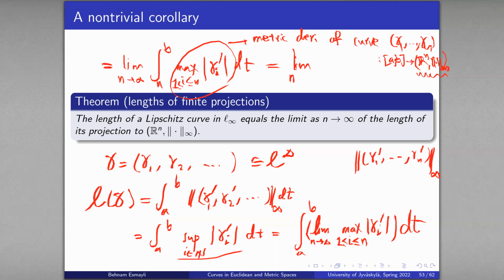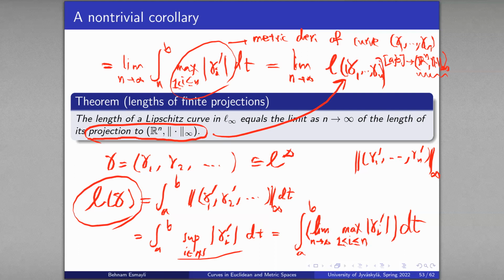So this becomes therefore the integral from a to b of the metric derivative of this truncated curve, and that again using the length formula is equal to the length of the curve gamma 1 until gamma n, the projection of the curve or the truncation of the curve. So the projection of the curve to R^n is exactly this thing. The limit of its length equals the length of gamma, and that's the proof.